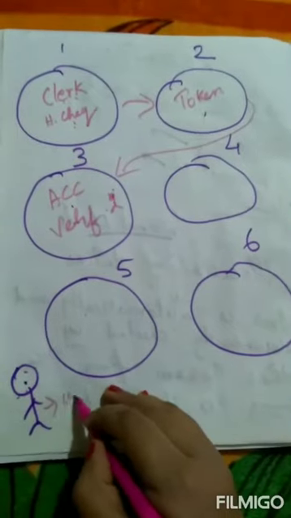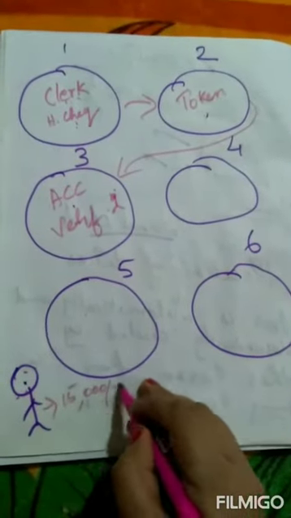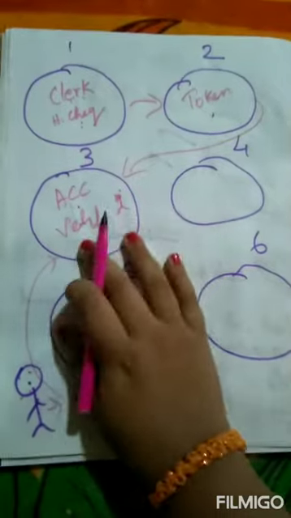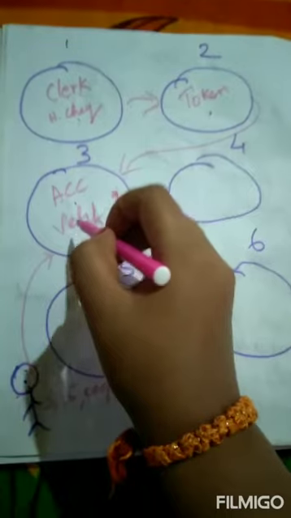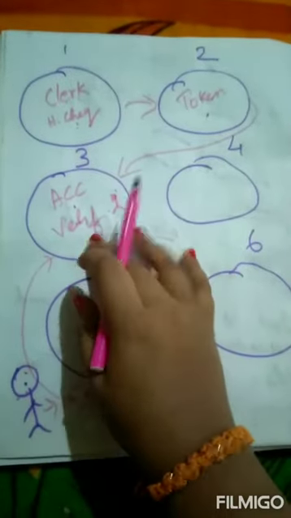If this person wants to withdraw 15,000, sufficient balance should be there in his account. He has to check whether sufficient balance is there in his account.